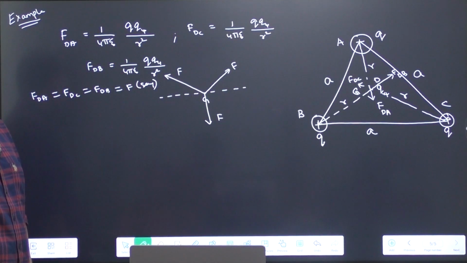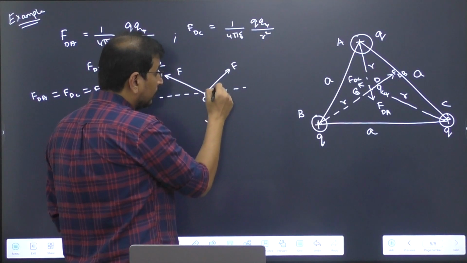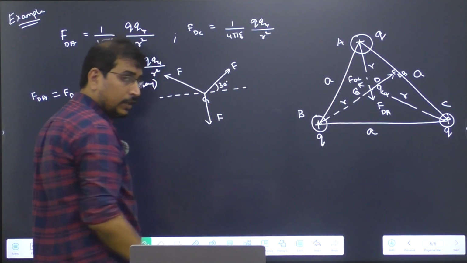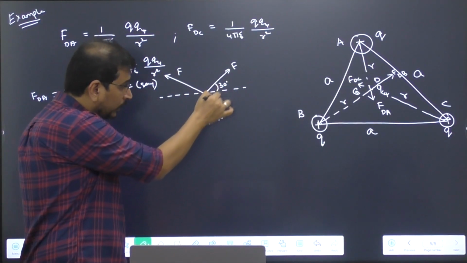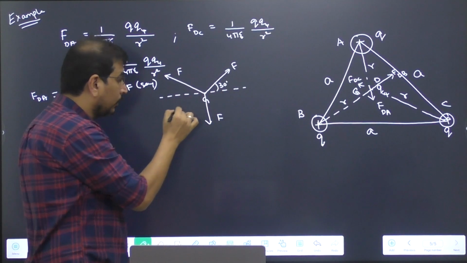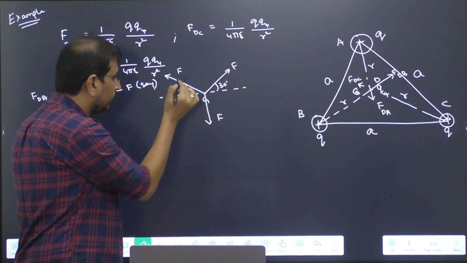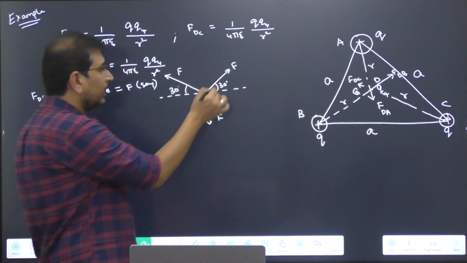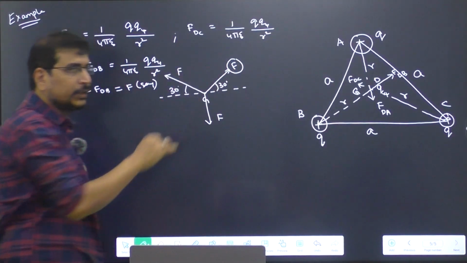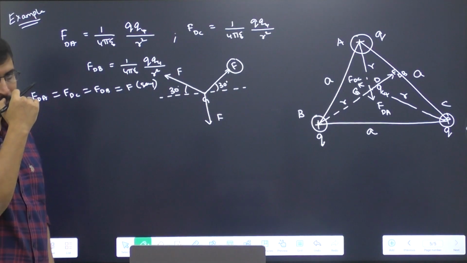If I try to resolve them into components, how is it going to be? This angle will be 30 because this whole angle is 120, so out of 120, 90 is gone. It will be 30, and here also it is going to be 30. This F alone, we will try to resolve into two perpendicular components. What is the horizontal component?